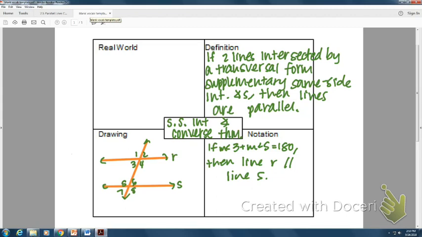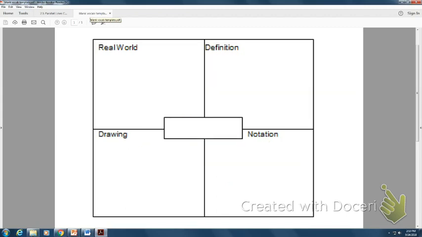Last one. Okay, our last one is same side exterior angle converse theorem.